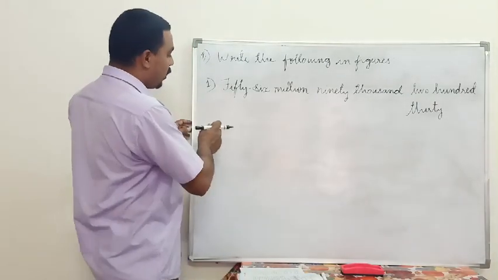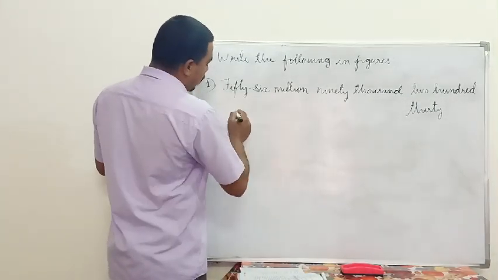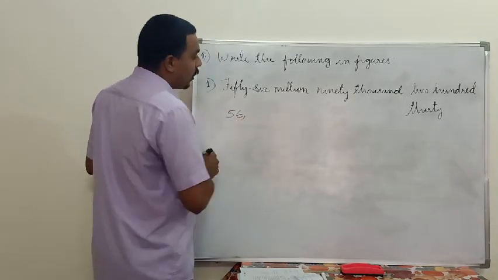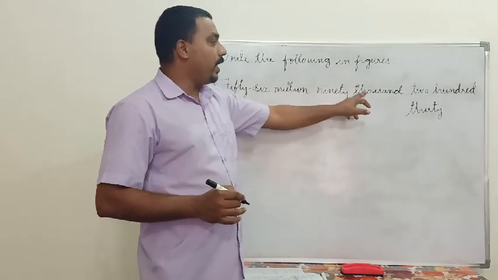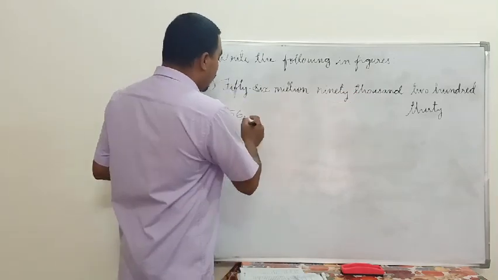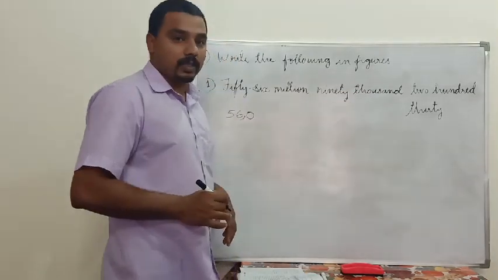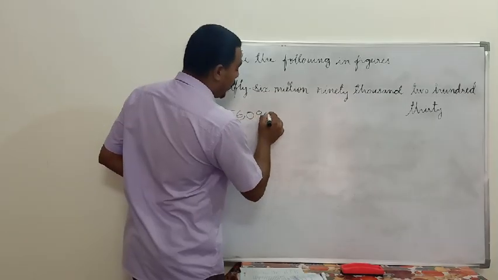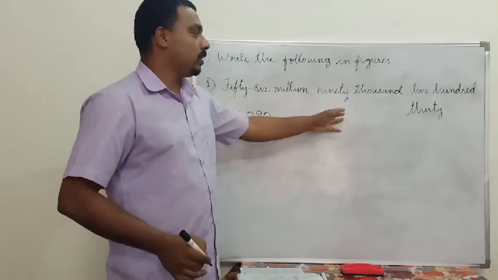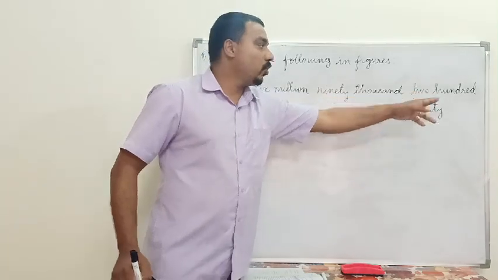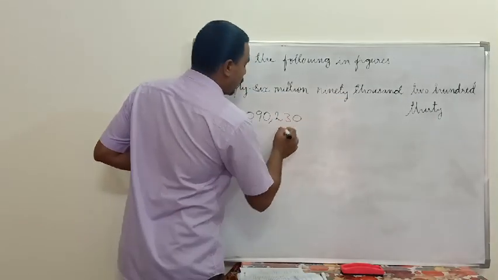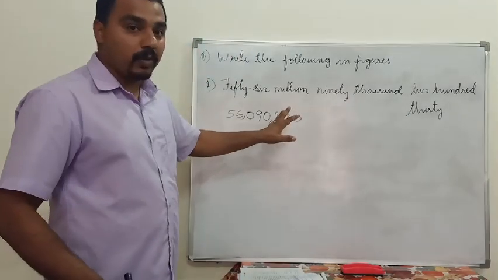So 56 million. Then 90,000. In the 100,000 place there is nothing, 0. So 90,000. Then it is very easy, 230. Very clear.